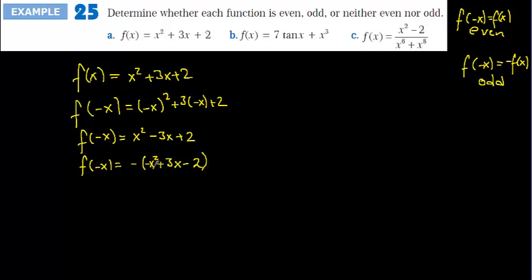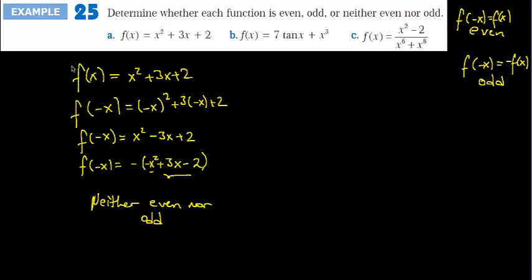As you see, this is not fx either. So f minus x is not equal to fx, and f minus x is not equal to minus fx also. So this is neither even nor odd.